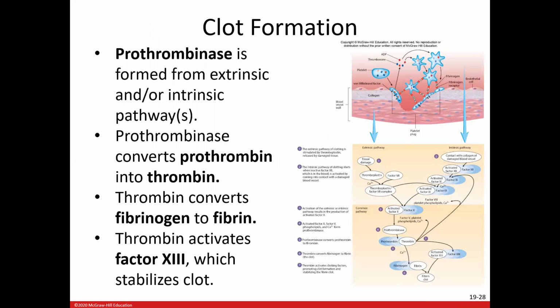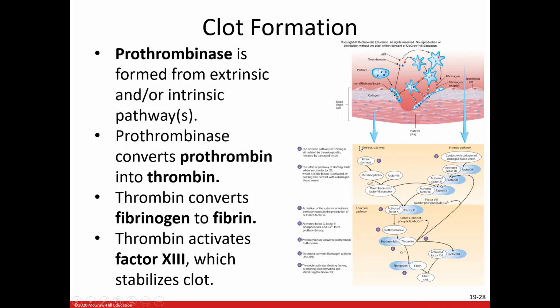So speaking of that coagulation process with forming clot, we just talked about the formation of the platelet plug. That's what I'm circling right here. But the actual formation of the clot is this process down here. So to keep this really simple, the way it works is that you have an enzyme. Anything that ends in ase is always an enzyme, called prothrombinase. And this is either formed through what's called an extrinsic pathway or an intrinsic pathway.